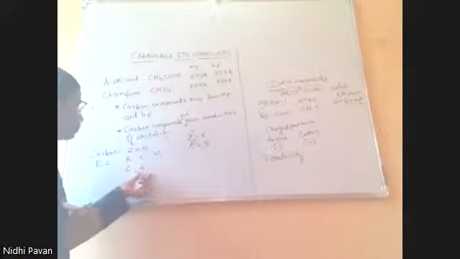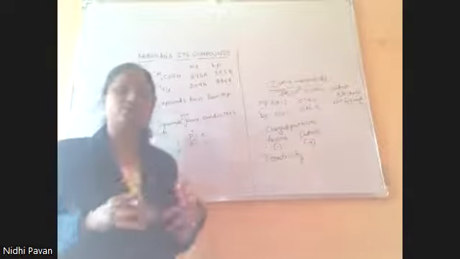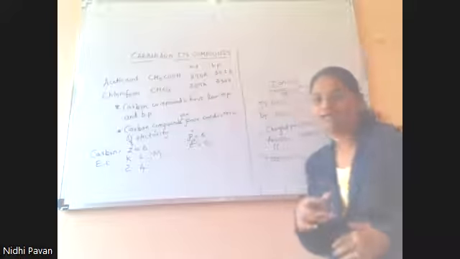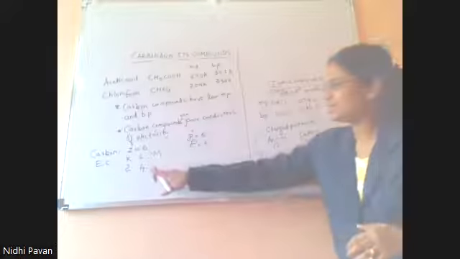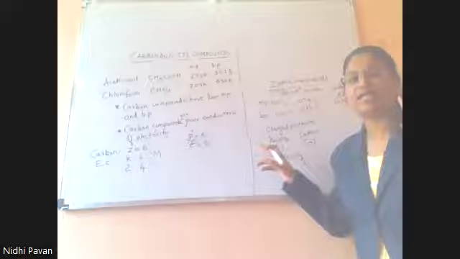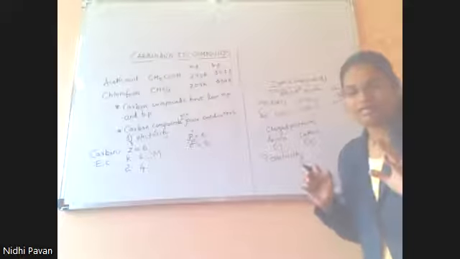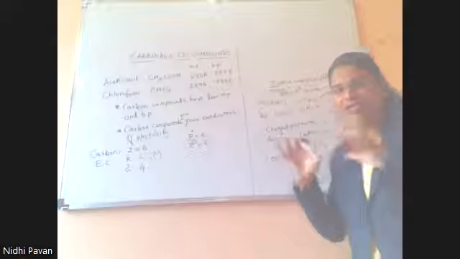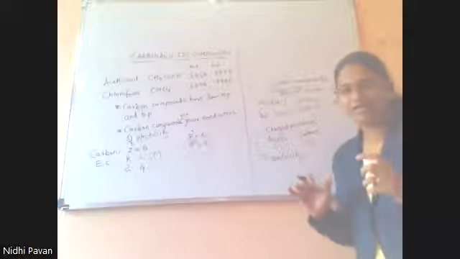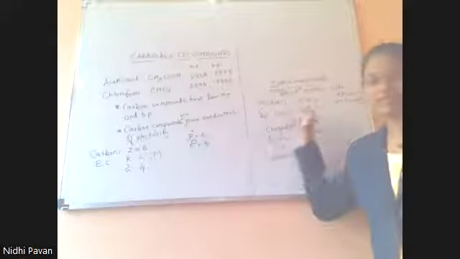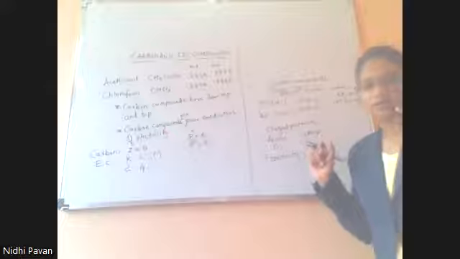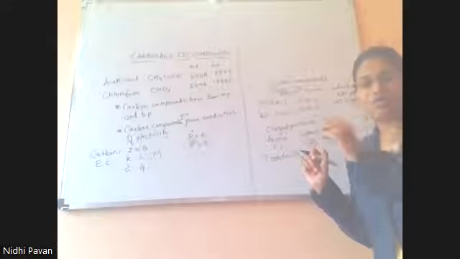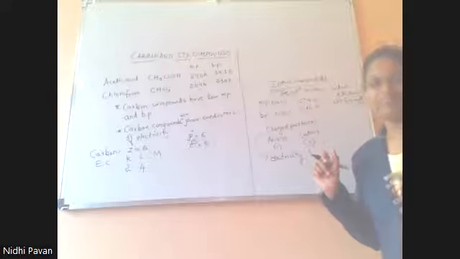To become stable with an octet electronic configuration, carbon needs 4 more electrons. Otherwise, it has to lose 4 electrons, to get the electronic configuration of the nearest noble gas, that is neon.